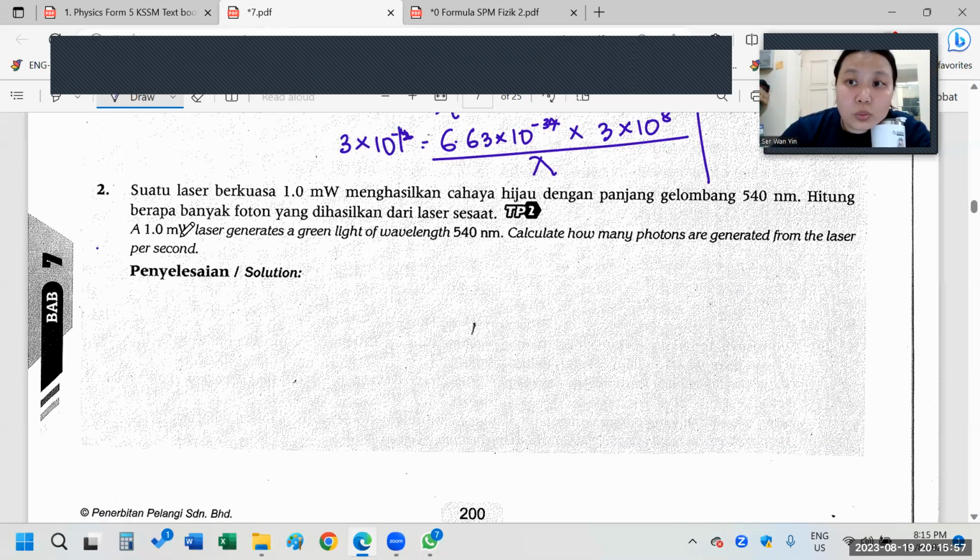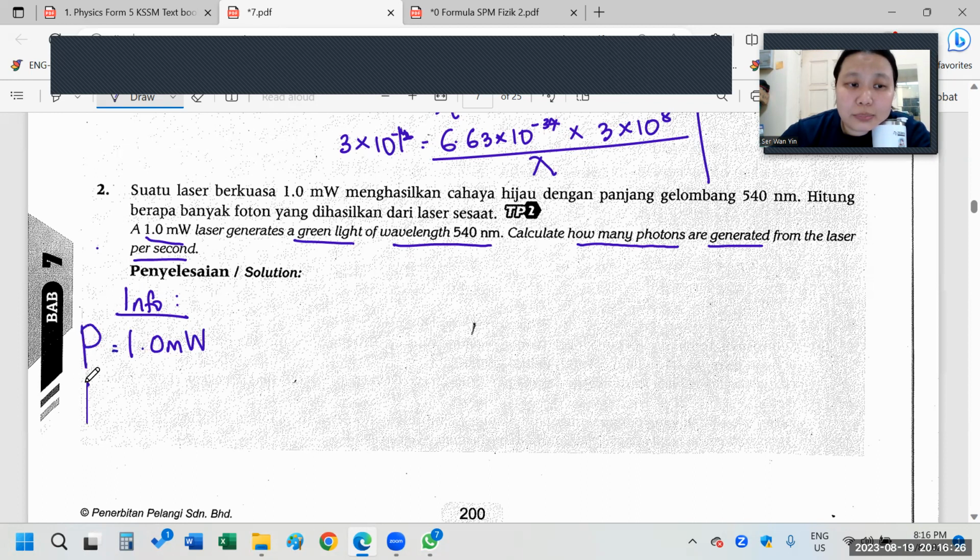Okay, so a 1 megawatt laser generates a green light of wavelength 540 nanometer. Calculate how many photons are generated from the laser per second. Okay, so info first. Actually, what is it?